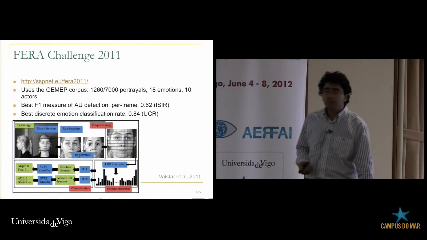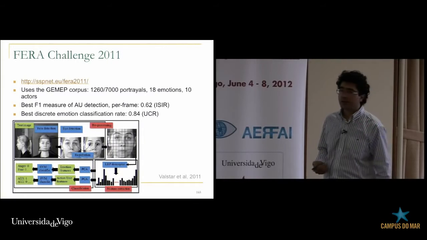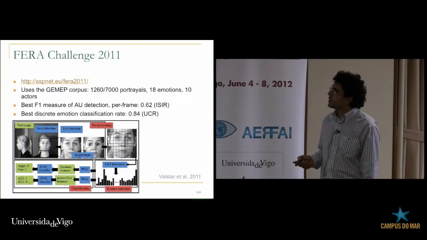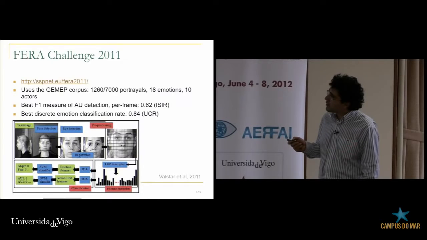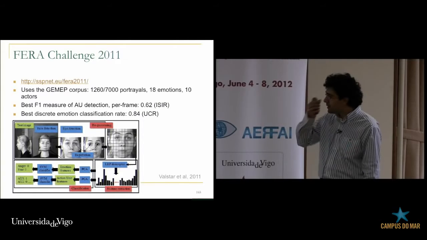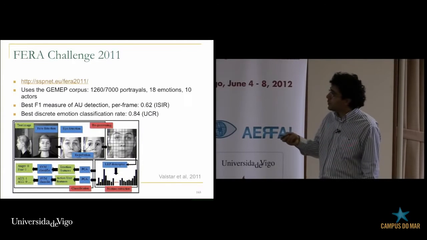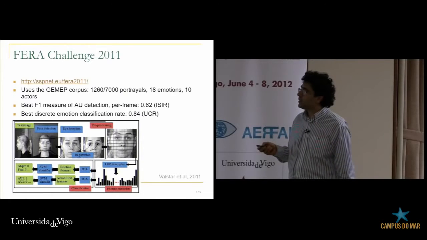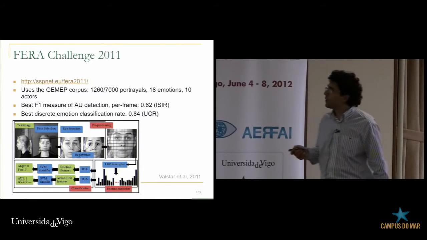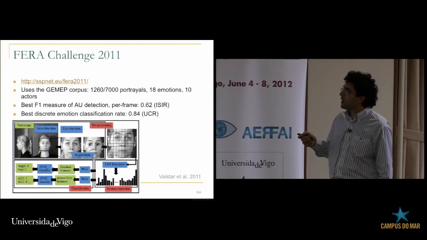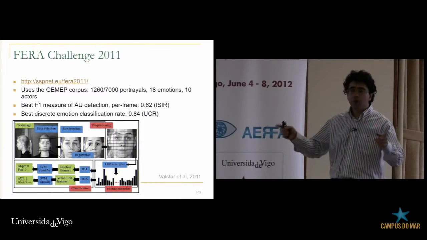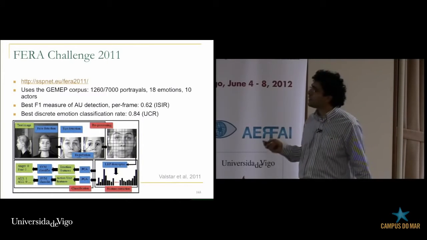And there are some grand challenges in the community. The facial expression recognition challenge. This was at FG in 2011. You can have a look at this link. It uses the Geneva Emotional Portrayal Corpus, about 1,200 emotional portrayals from different actors.